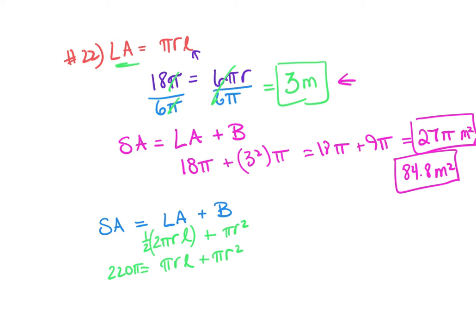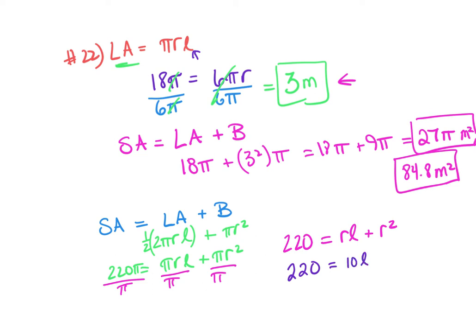All right, so we have to use a little bit of extra skill here to do this particular one. In this case, you can divide everything by that pi just to get it out of the way. So we have 220 equals r times l plus r squared. And we look and see what they gave us. They gave us radius, so we can plug that in. The radius is 10, right?